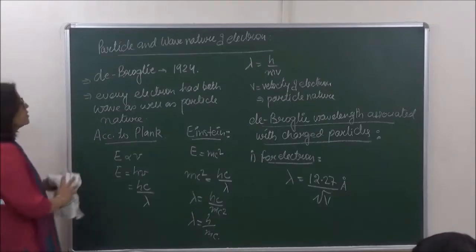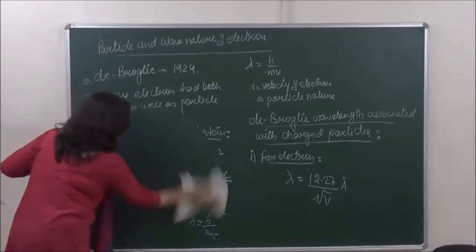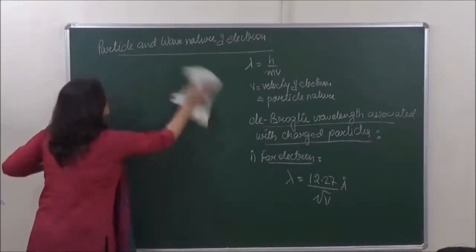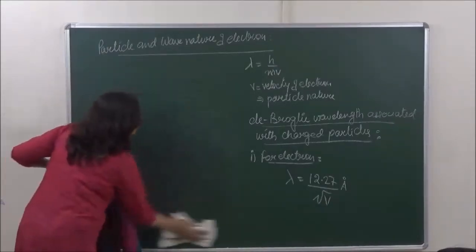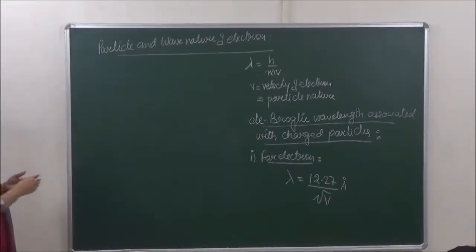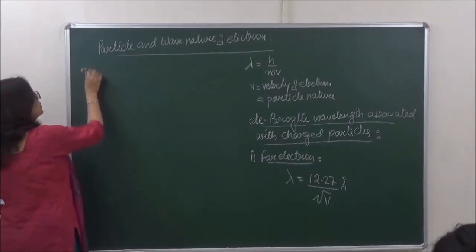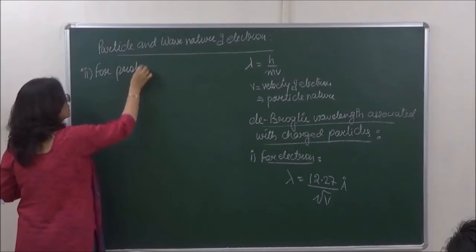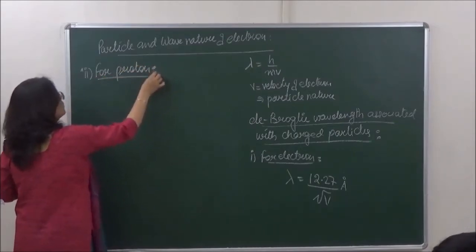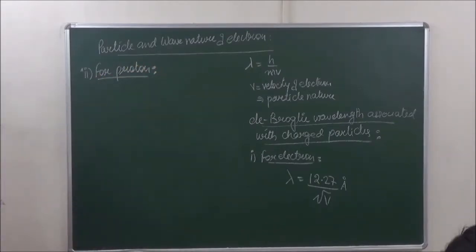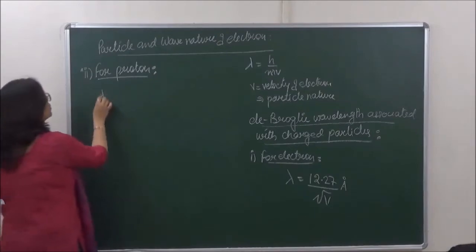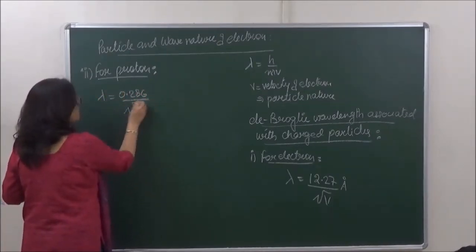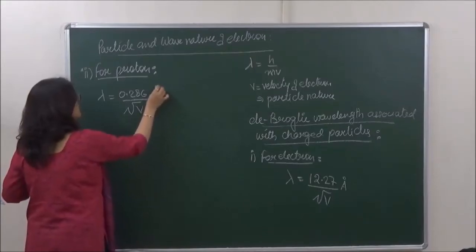Similarly, we also calculated for the proton. When we are calculating it for a proton, lambda is equal to 0.286 upon under root of V Armstrong.